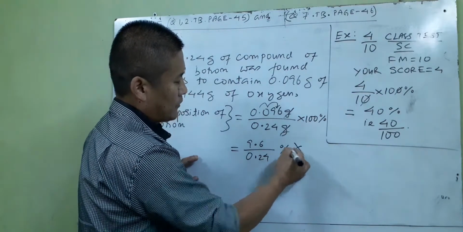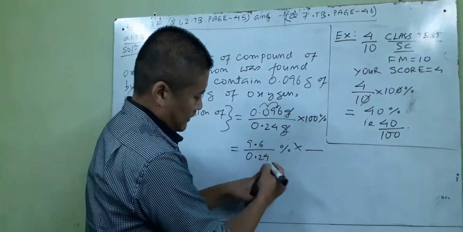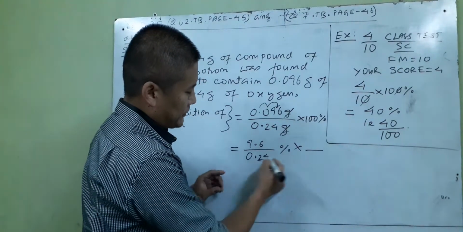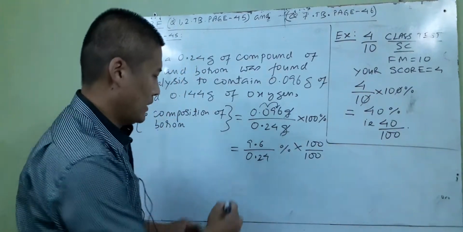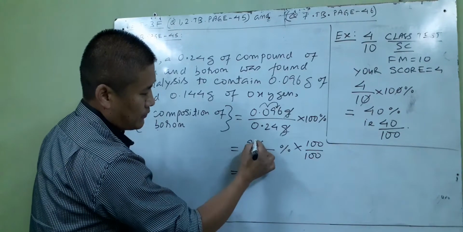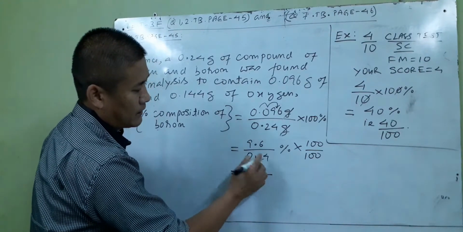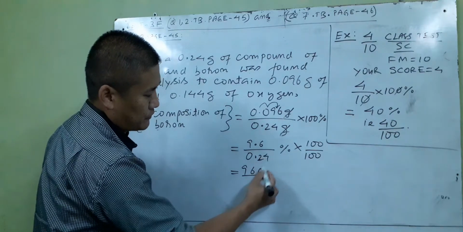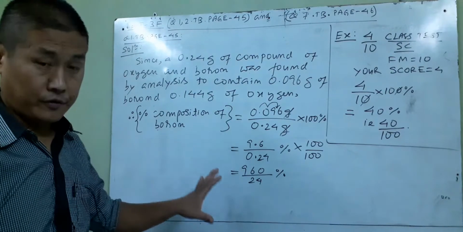Now here, you want to remove the decimal because a decimal in the denominator is harder to deal with. So 2 places means you put 2 zeros. Up also the same. Then again multiply, 2 places to the right, so 960 divided by 24. This much percentage is your percentage composition of boron, your answer.